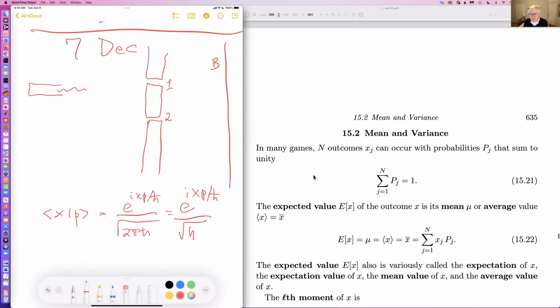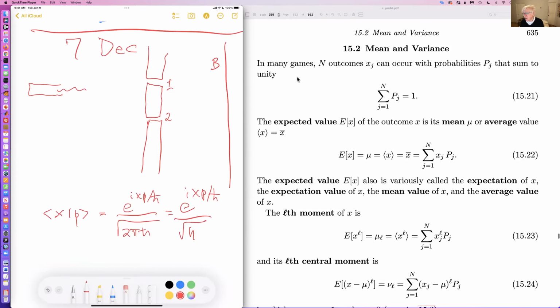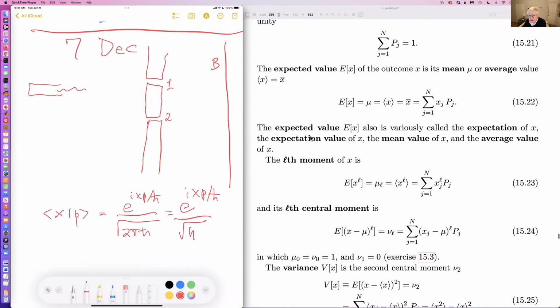So let's now go to a whole bunch of definitions in probability theory. I'm going to race through these because they're pretty much obvious. In many games, you have n outcomes with probabilities pj, and the sum of probabilities is 1, obviously. The expected value, E[x], of an outcome x is its mean, mu, or average value.